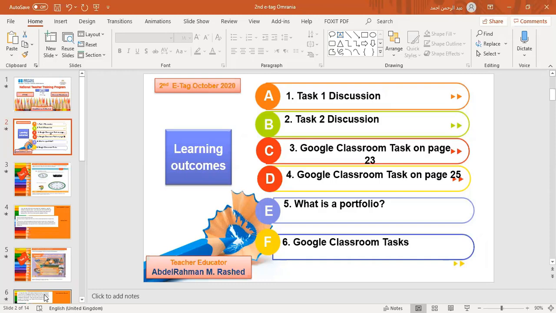The third thing was answering the question on page 23, but unfortunately we couldn't divide you into breakout rooms to discuss together because we didn't find the icon which named the breakout rooms. After that, we spoke about the Google Classroom task on page 25, which was about portfolio. And we said what's meant by portfolio, and the next task is answering the question on page 29.